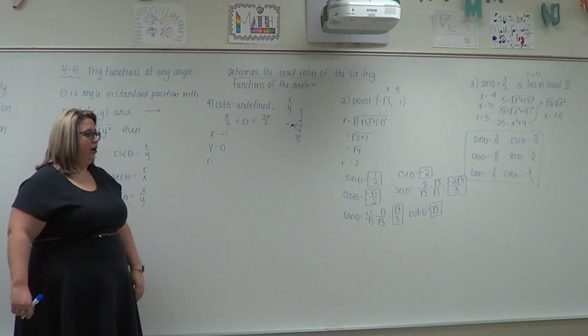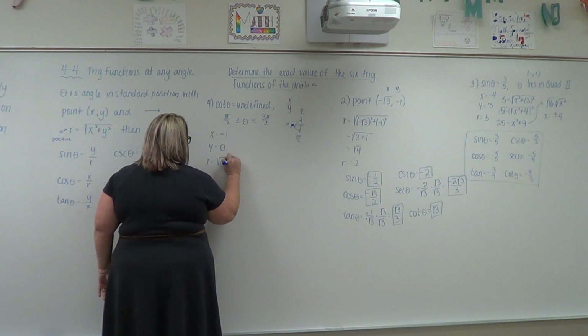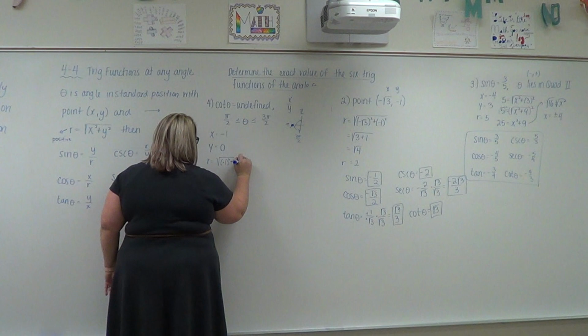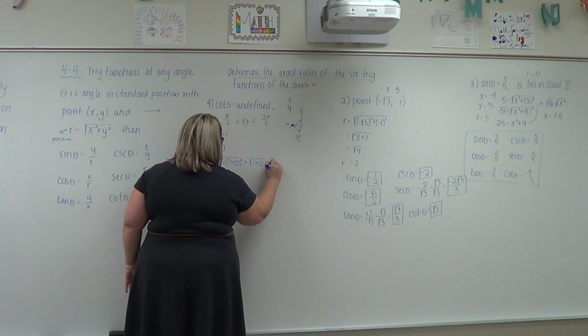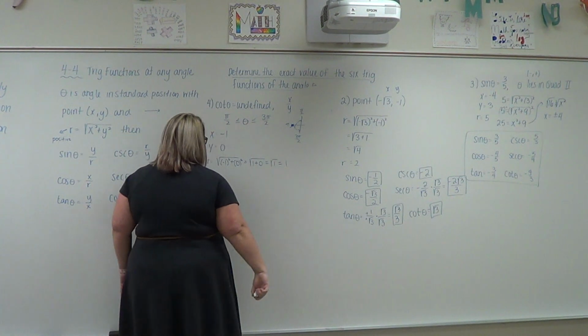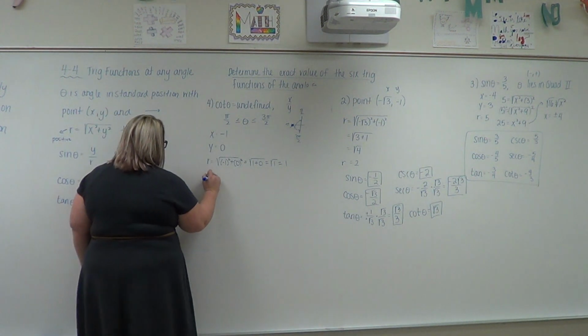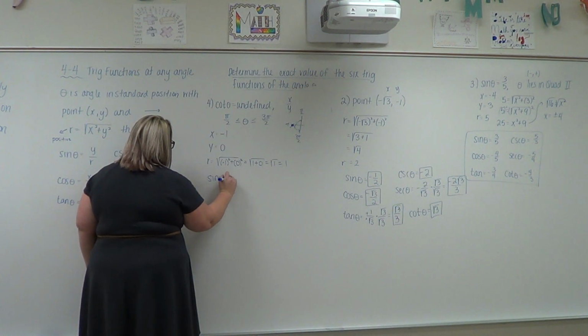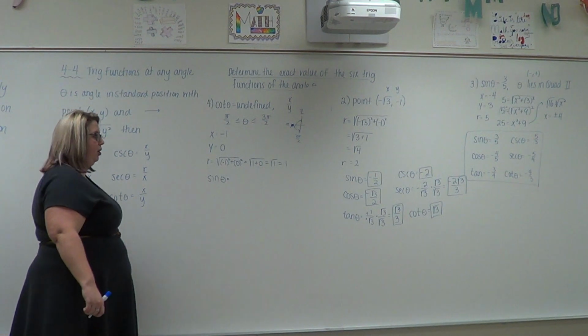Okay, how do you find r? Square root of x squared plus y squared. So square root of 1 plus 0 would be square root of 1, which is 1. Now sine is y divided by r.